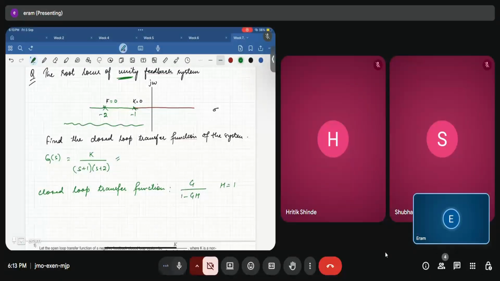Now what will be the closed loop transfer function? Can you calculate now what it should be?